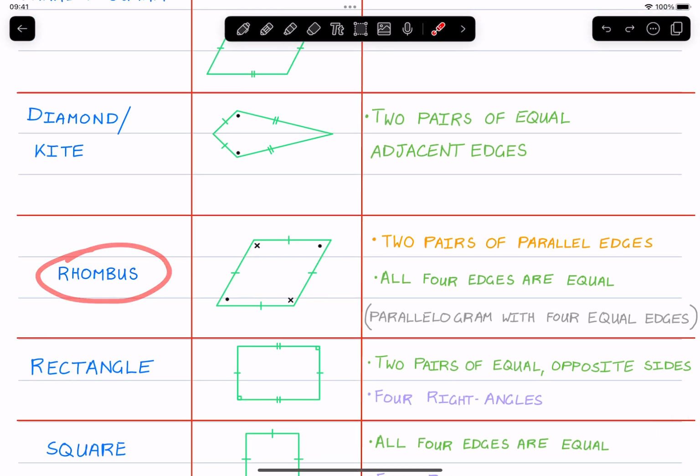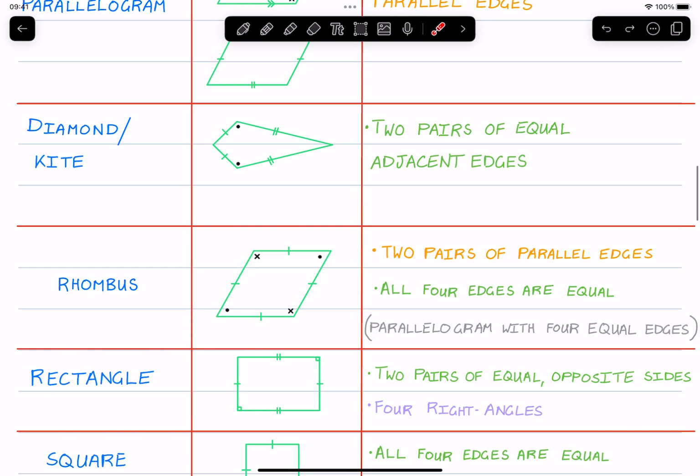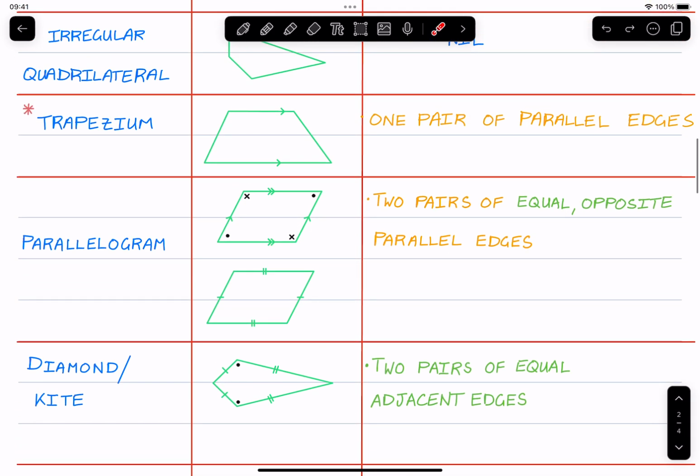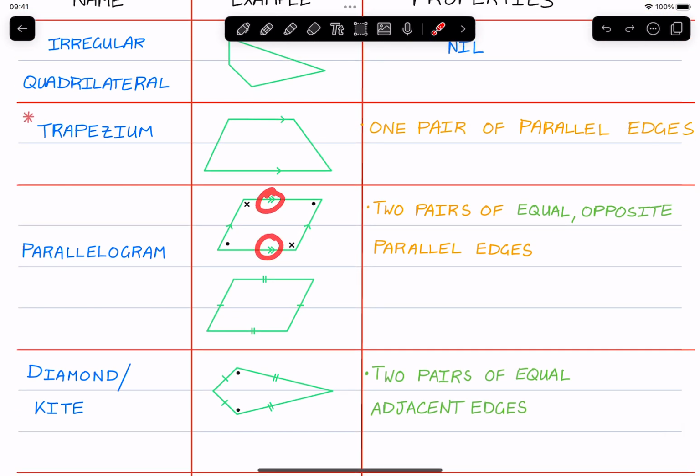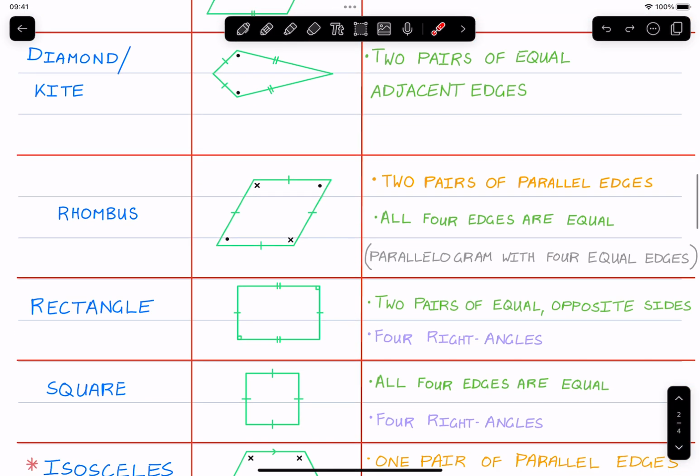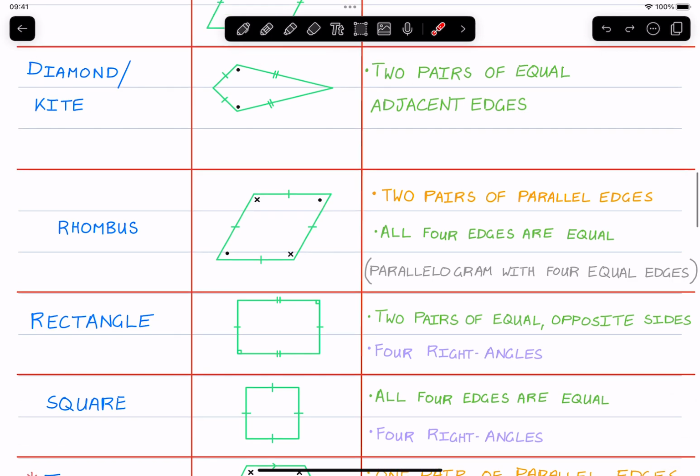A rhombus. So a rhombus, just to really summarize it, is just a parallelogram with four equal edges. So in a parallelogram, these two edges are equal, and these two edges are equal. But these edges are not equal to each other. In a rhombus, they are just all equal to each other.